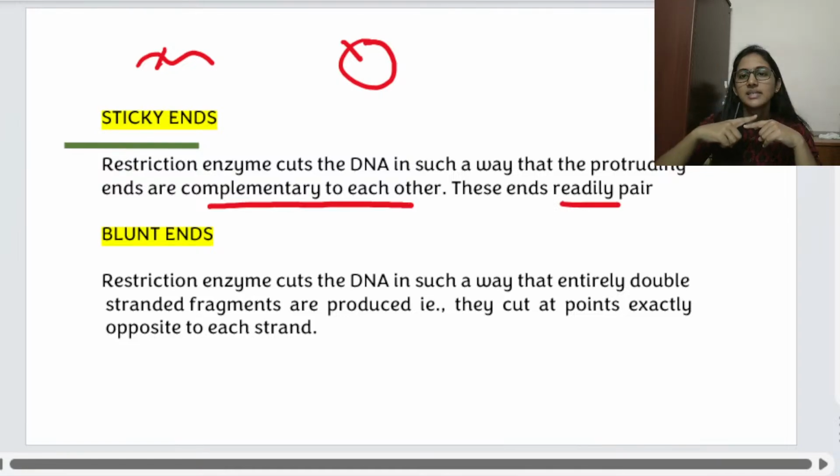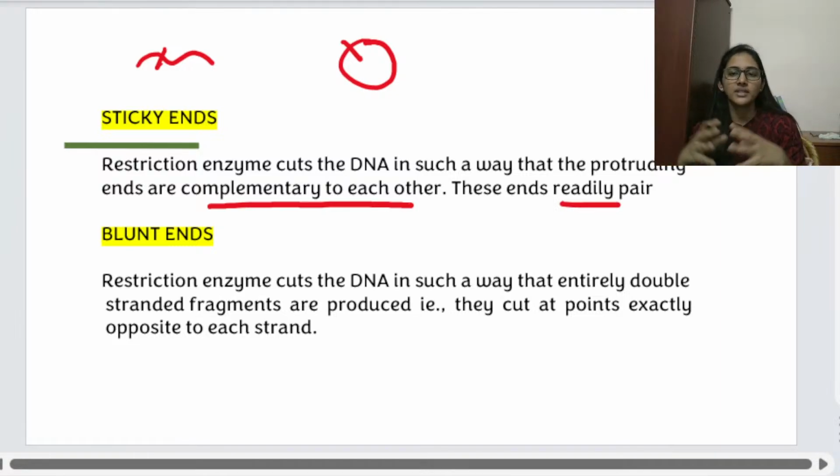Since they are complementary to each other, when they are put in the same medium, they can easily anneal, right? Thereby I can get a recombinant DNA.